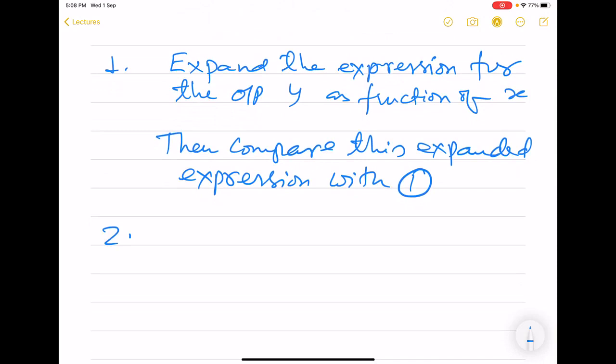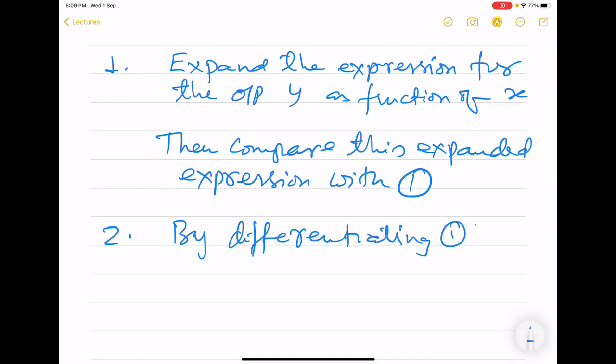And the second way of finding out A1 and A3 is by differentiating equation 1 with respect to x.